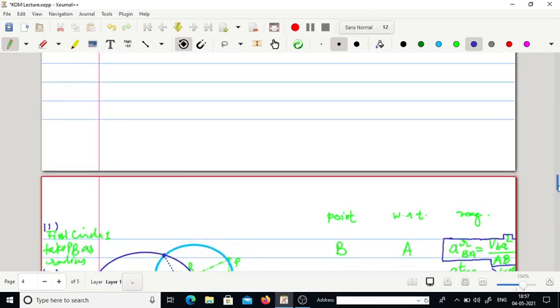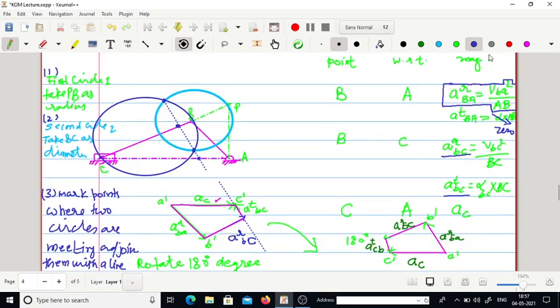So mark this point. Now just join these marked points. Let me call it point R and this one, for example, S. Now join these points with the help of lines.